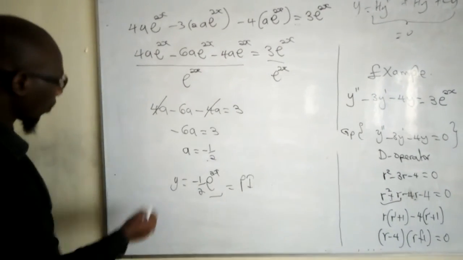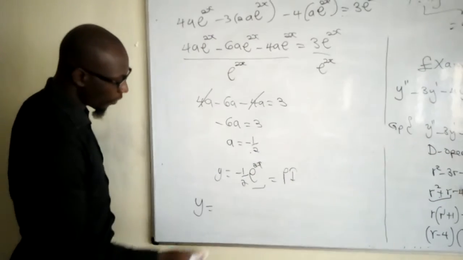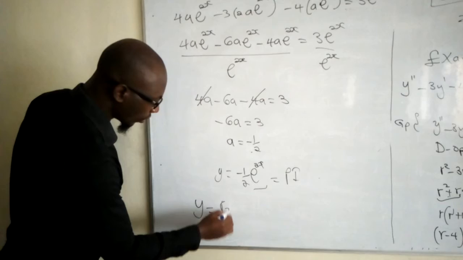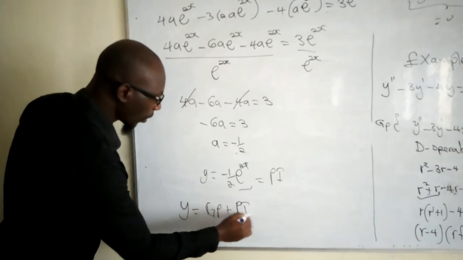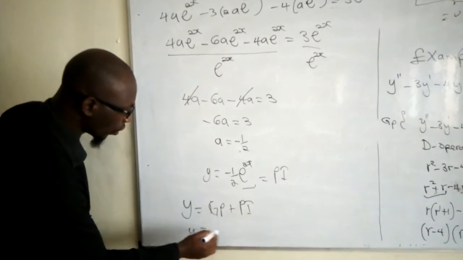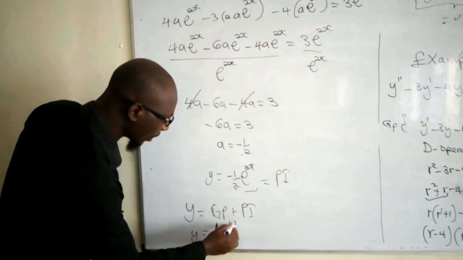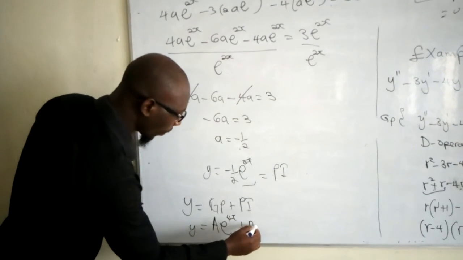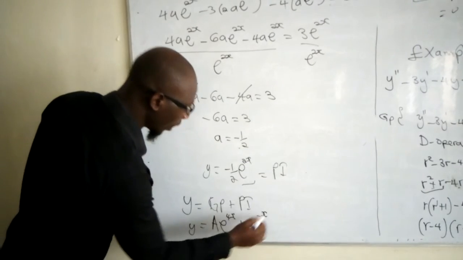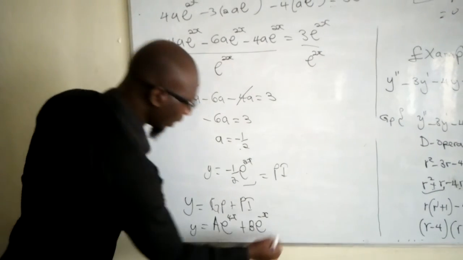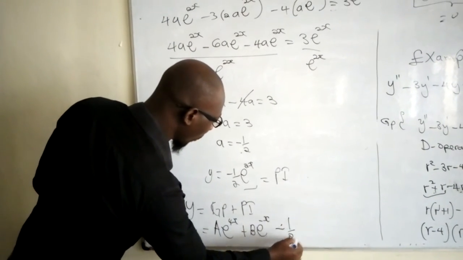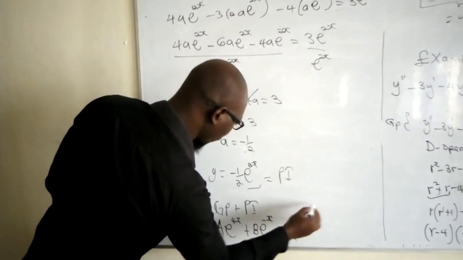We know that the solution is of the form general solution plus particular solution. So our y is equal to the general solution we found, a exponential of 4x plus b exponential of negative x, and then we add the particular solution, that is minus a half exponential of 2x.